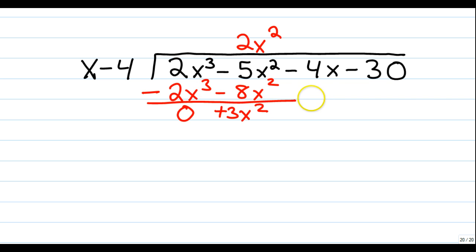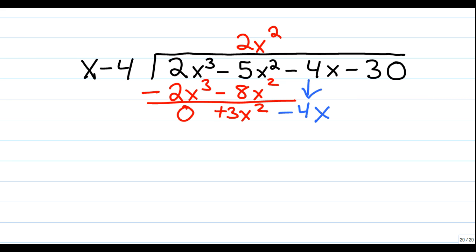All right, next, like in regular long division, we'll pull down the next value, which is the minus 4x. Following the same rule as before, we're going to take the first term that's showing up down here under the dividend and divide it by the first term in our divisor. I'm going to bring that over to the side here for the moment.